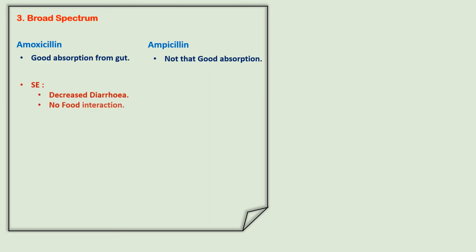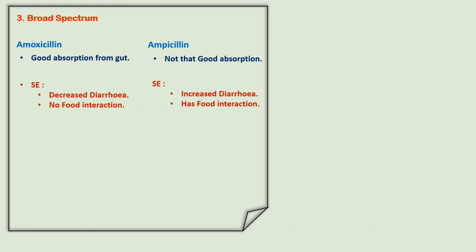Amoxicillin causes decreased side effects when compared to ampicillin because it has very low concentration in the gut, so it won't harm the natural flora and has a decreased incidence of diarrhea. Amoxicillin has no food interactions, but ampicillin does interact with food.